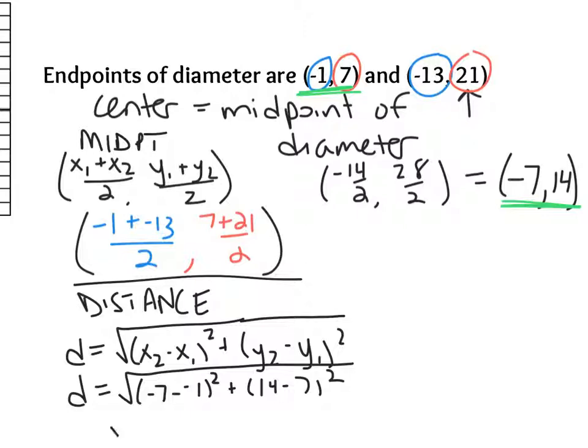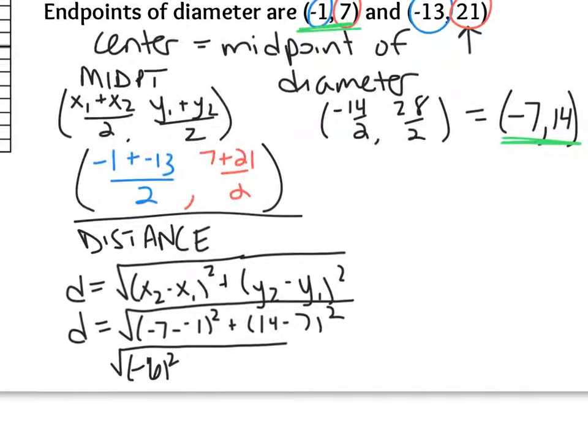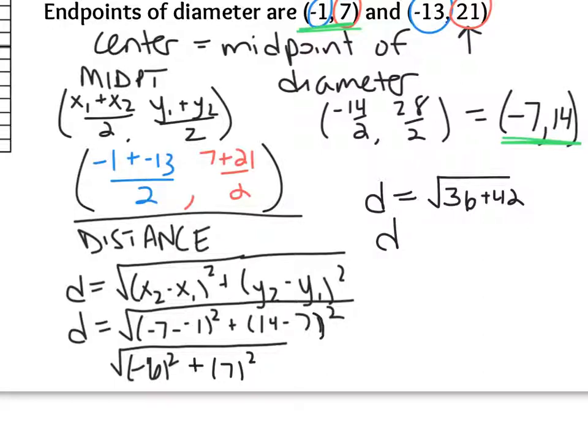So square root of (-6) squared plus, that was so sloppy, y'all, sorry, 7 squared. So my distance, or basically my radius, is the square root of 36 plus 42, which is 78.